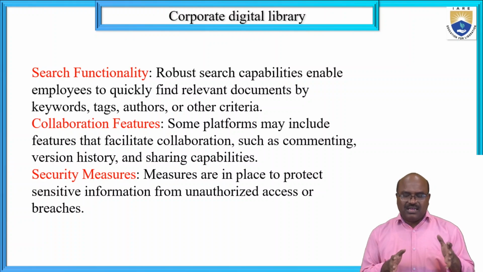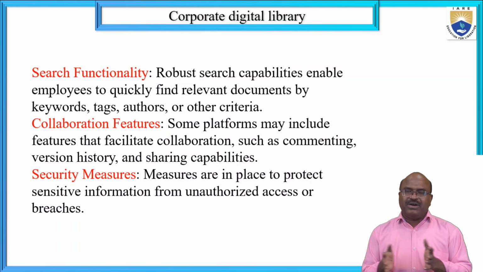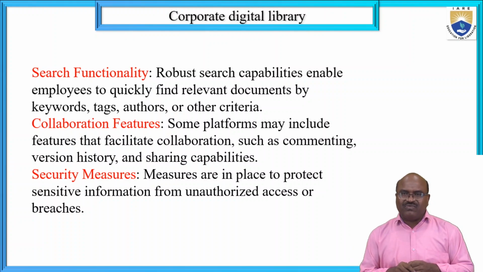In the sense, the entire corporate digital library has three important things. One is the search functionality, nothing but how to search the data, how to retrieve the data using some keywords, some tags, etc. Second is the collaboration features, nothing but existing and present softwares or applications or material goods, whatever it may be, collaborating; such a technique is called the collaboration features in the corporate digital library.